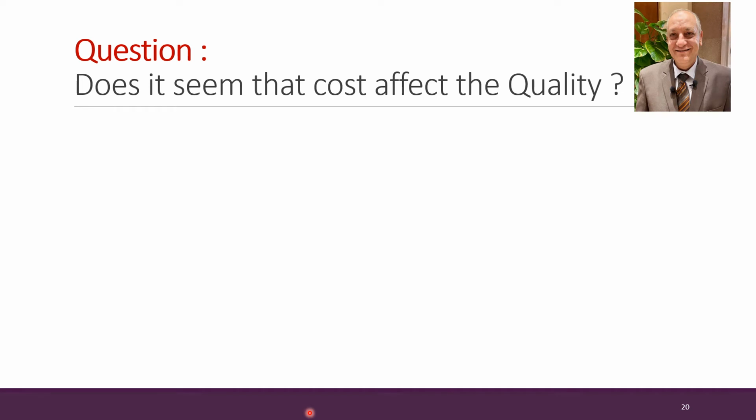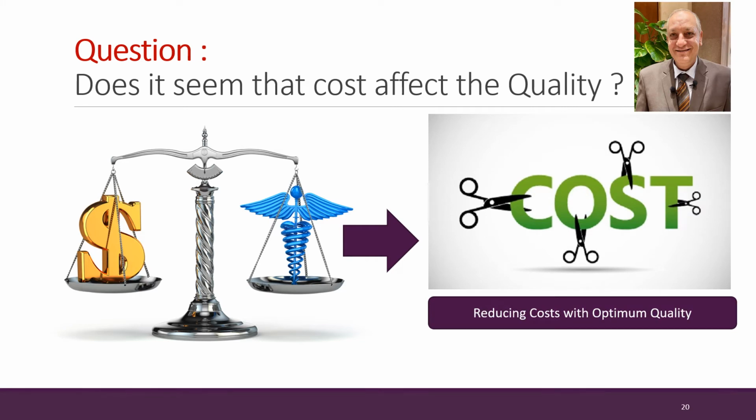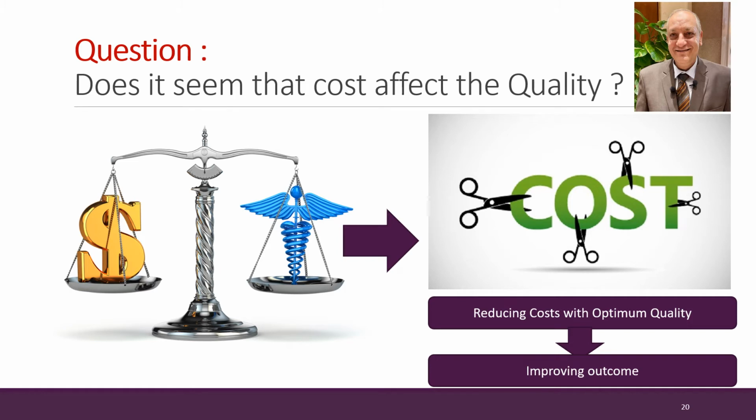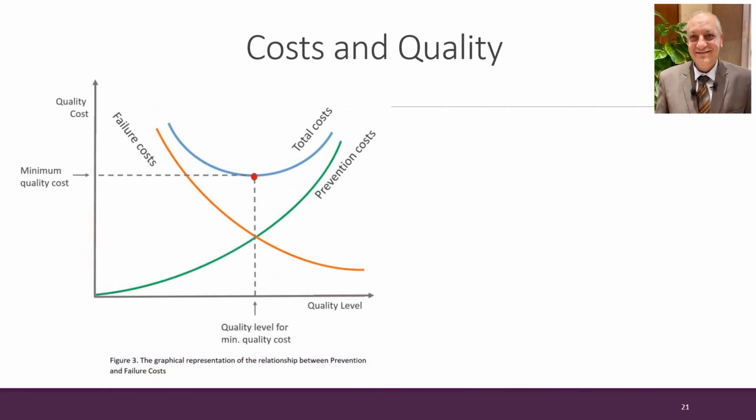So does the cost still affect the quality? Definitely. When you are decreasing the cost, you may not have the best quality, but you can reduce the cost by giving effective drugs, so decreasing the overall comorbidities and improving outcome. More healthcare service for more patients for sure.